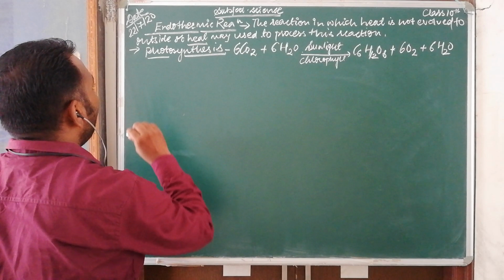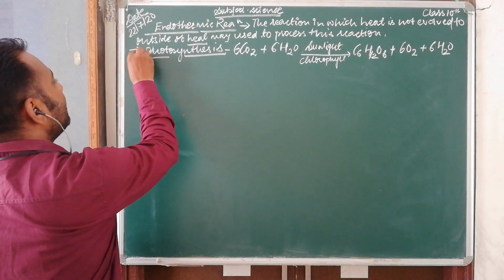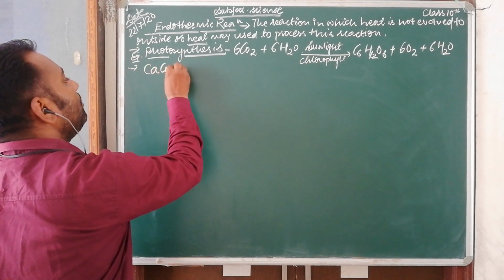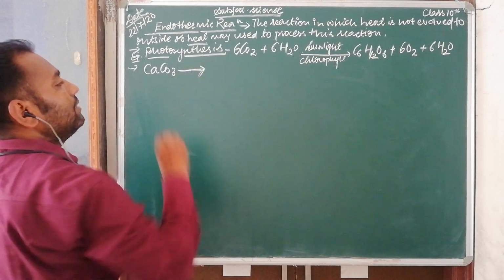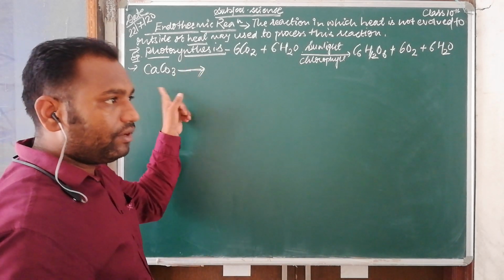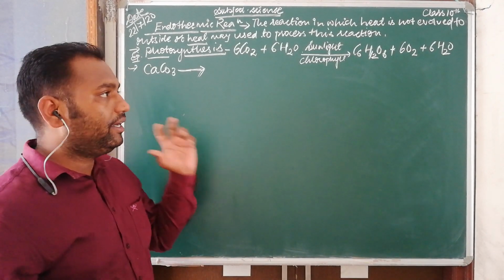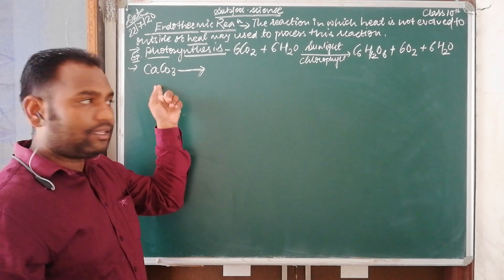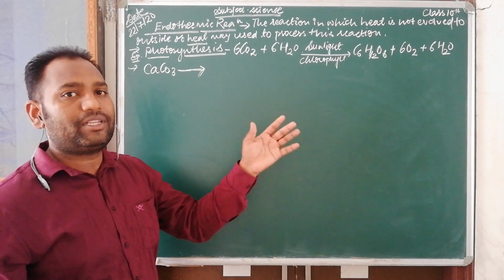Then the next example is CaCO3. This is also an example of a decomposition reaction, because in decomposition reactions one complex substance can be changed into two or more simpler substances.